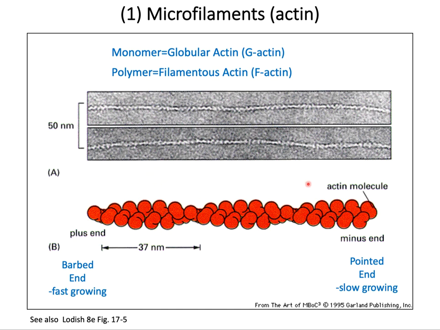The other end is known as the minus end, and sometimes it is referred to as the pointed end. It grows more slowly, both in vivo and in vitro, than the plus end. In fact, for all intents and purposes, in vivo, or inside the cell, monomers are usually not added at the minus end. So how is it that these two ends are biochemically different, and how is that important to their function in the cell?